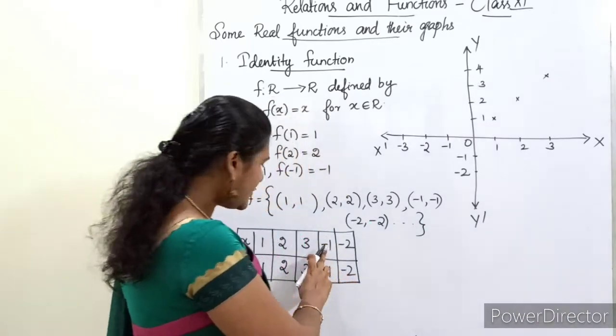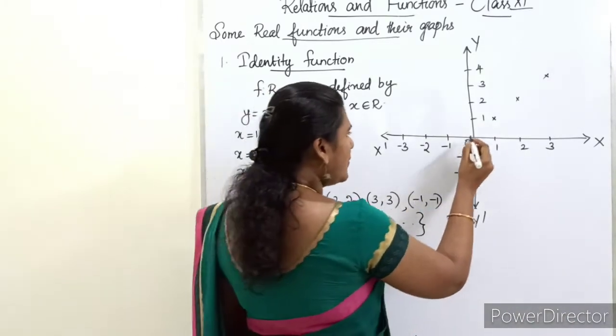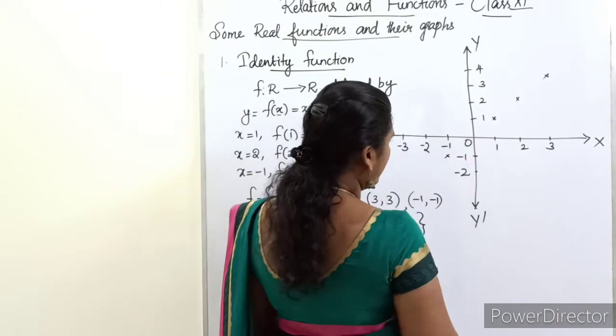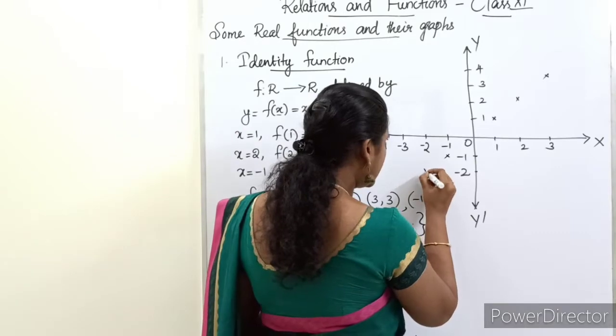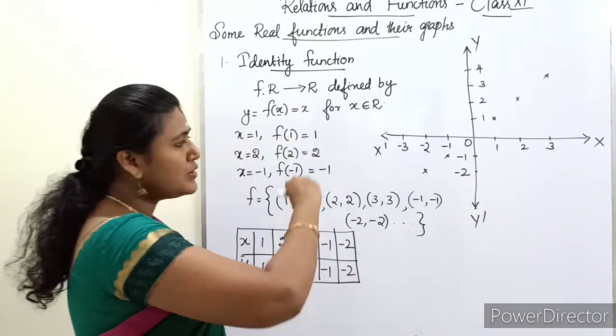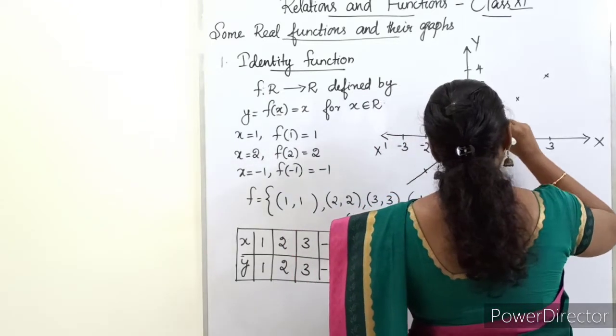And for the negative values, if you take minus 1, minus 1, you will get it here. The next point is minus 2, minus 2, so you will get it here. Now if you join these points, you will get the graph of the identity function.